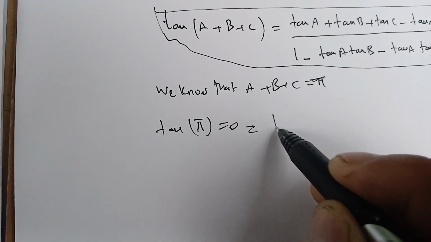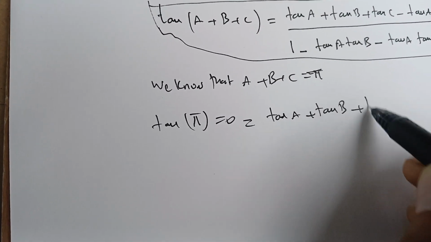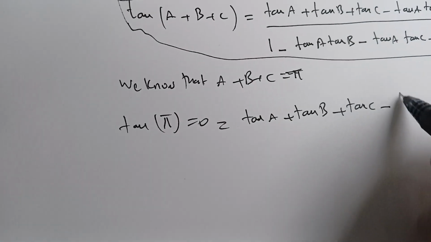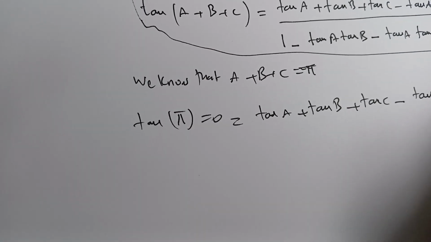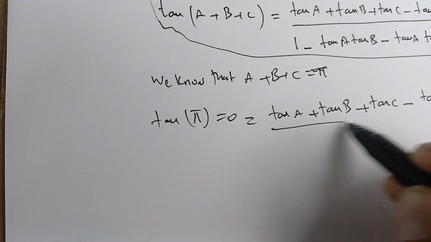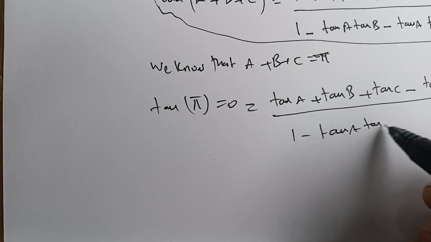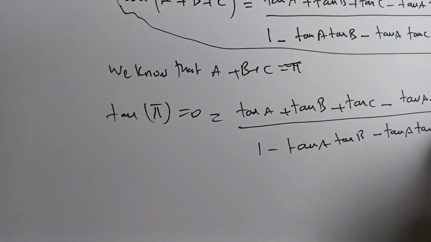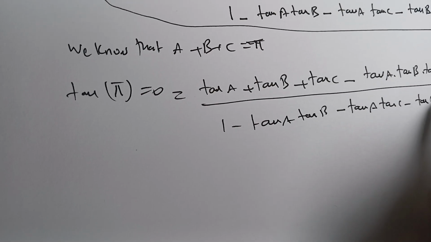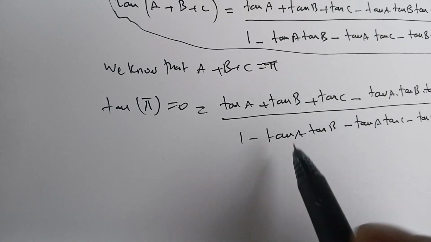We have tangent A plus tangent B plus tangent C minus tangent A times tangent B times tangent C over 1 minus tangent A tangent B minus tangent A tangent C minus tangent B tangent C. So here this one is the issue.